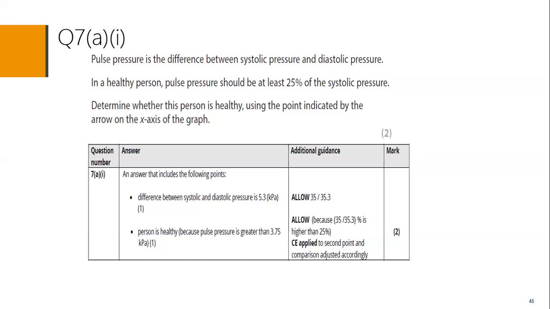It must have some calculation. So the given information, there's two marking points. The first one, they've got to calculate the difference between the systolic and diastolic pressure, and then link that to the information they're given to say whether or not the person is healthy.